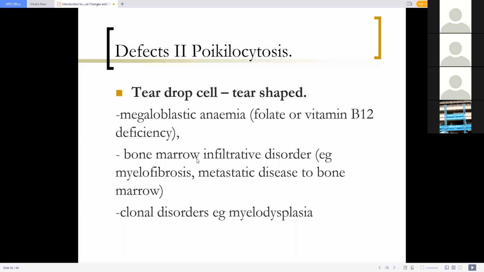So you can see that the poikilocytes have clinical relevance in many diseases, and can allude to a differential diagnosis or can assist the way we investigate patients further and make a diagnosis.